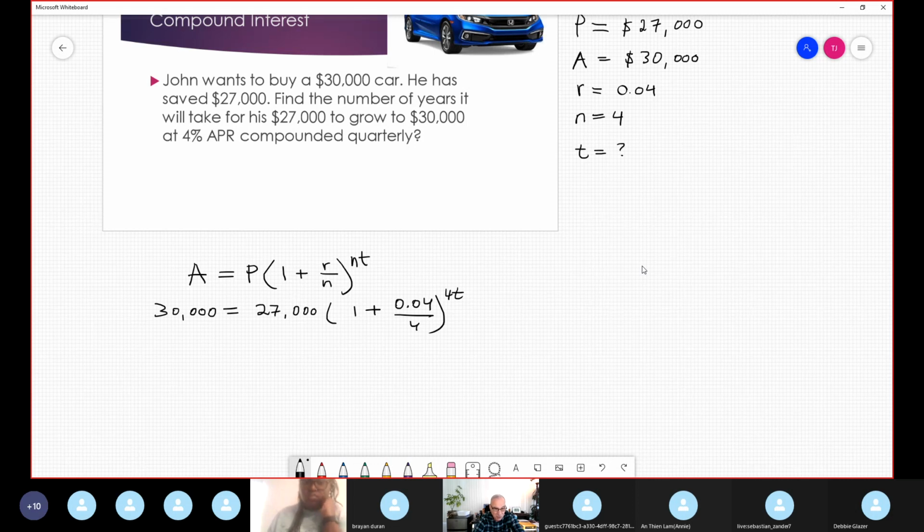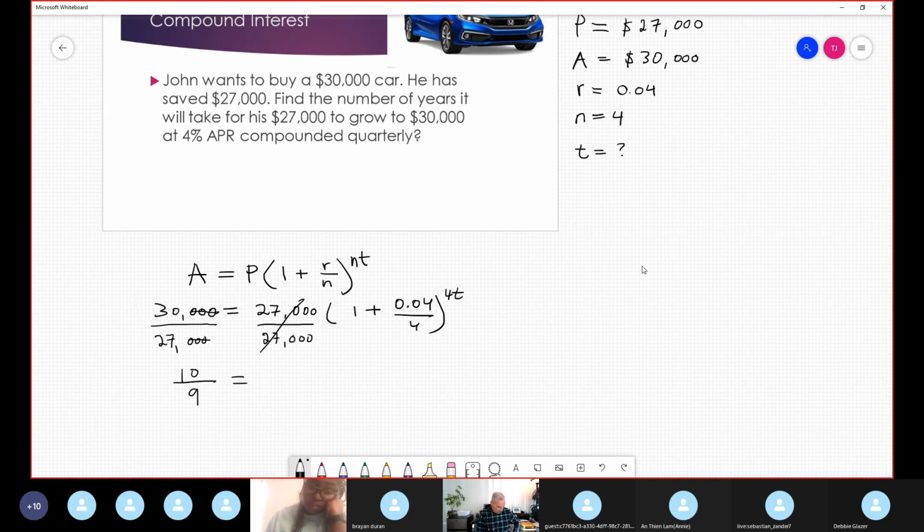The first thing that you should do is divide both sides by 27,000. Okay, this cancels out. On the left, you cancel out 30 here, and divided by 3 is 10, and divided by 3 is 9. Or you put it in the calculator and the calculator automatically reduces to the lowest terms for you.